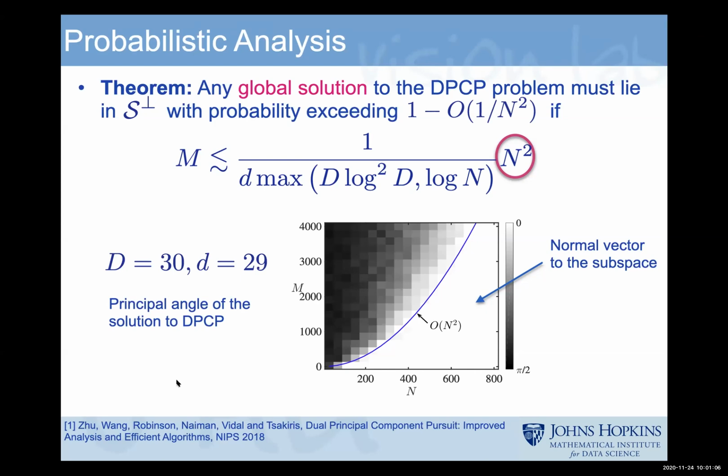I see. So the ratio between capital N and little d, we will not treat as a constant. We mainly try to increase the capital N here. Okay, I understand. That's fair. Nice.